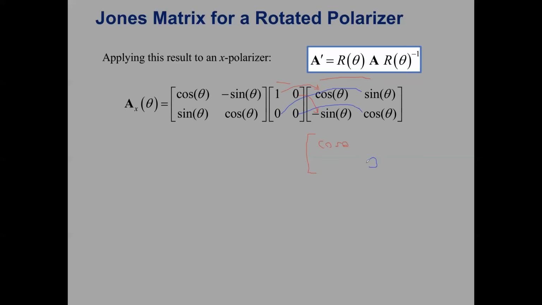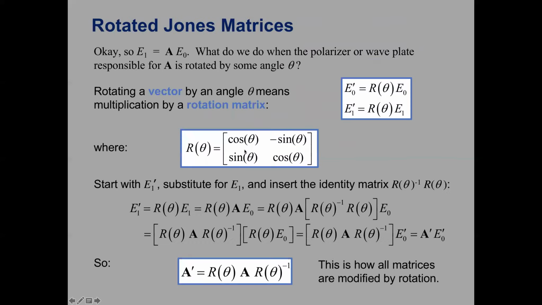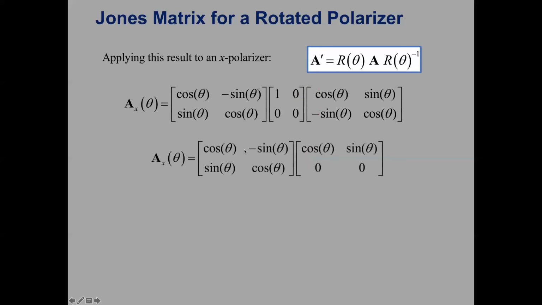That'll give us a 0, so on and so forth. Let me reset this slide and just give you the result when you go through each one of these terms. So multiplying these two matrices gives you this guy.